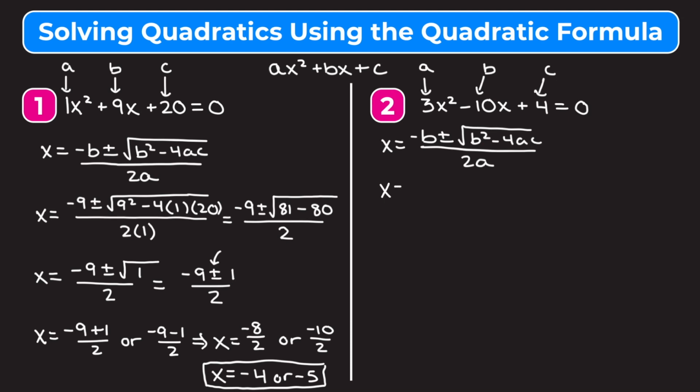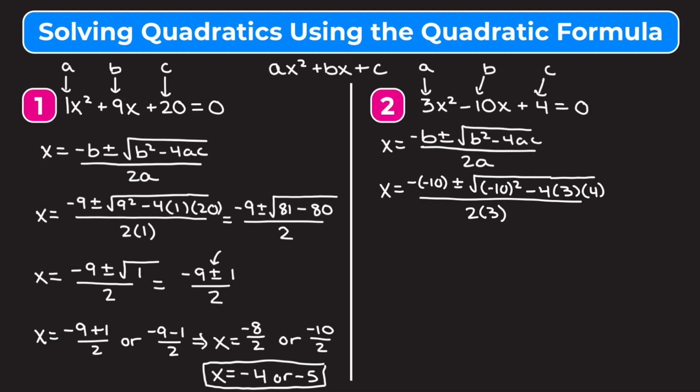So we're going to have x is equal to negative b, so negative 10, plus or minus the square root of b squared, so our b value of negative 10 squared, minus 4 times our a value of 3 times our c value of 4, all over 2 times our a value. So all over 2 times 3.